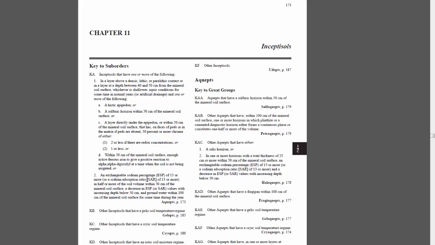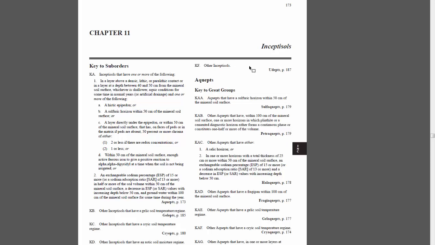They're not coming out and saying that that's a salic or a natric horizon or anything like that, but that is one way that you can get into aquepts. The gelic soil temperature regime would be a permafrost type situation. Cryic soil temperature regime would be something between 0 and 8 degrees C with cold summers. And then they move into ustic moisture regimes, xeric moisture regimes, and other inceptisols, which go to udepts.